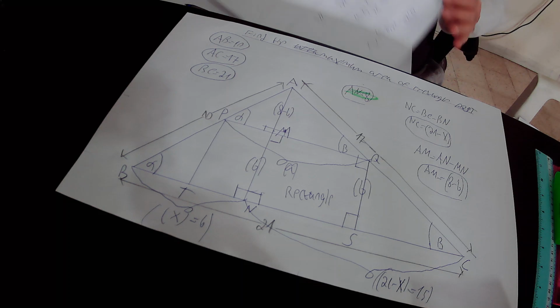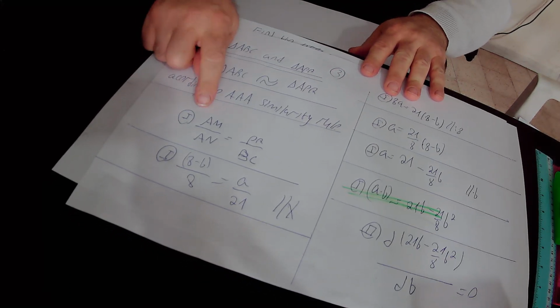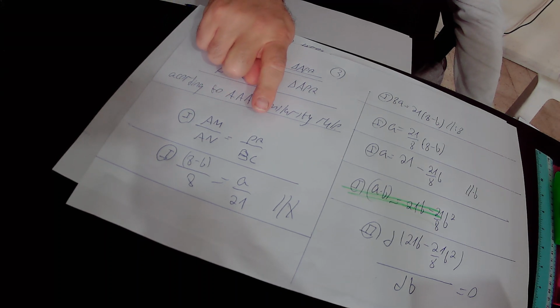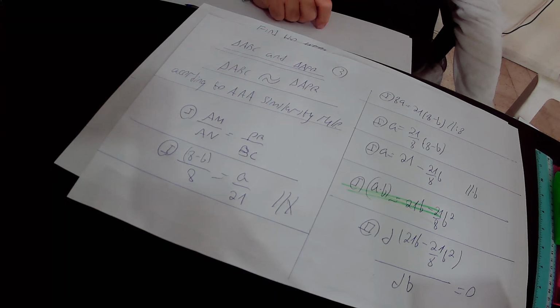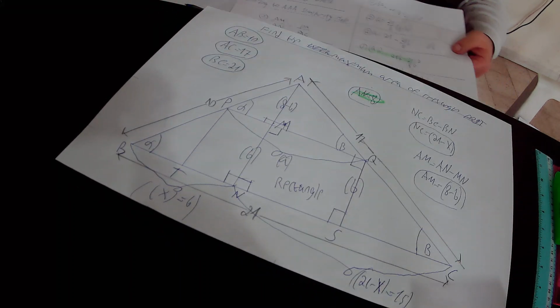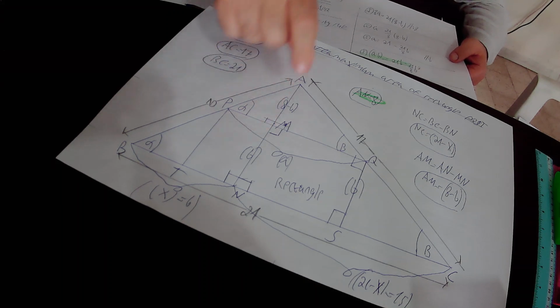This means that AM over AN, the ratio between the corresponding heights of the two similar triangles, must be equal to PQ over BC, the ratio between their sides. So here AM is 8 minus B over AN is 8.